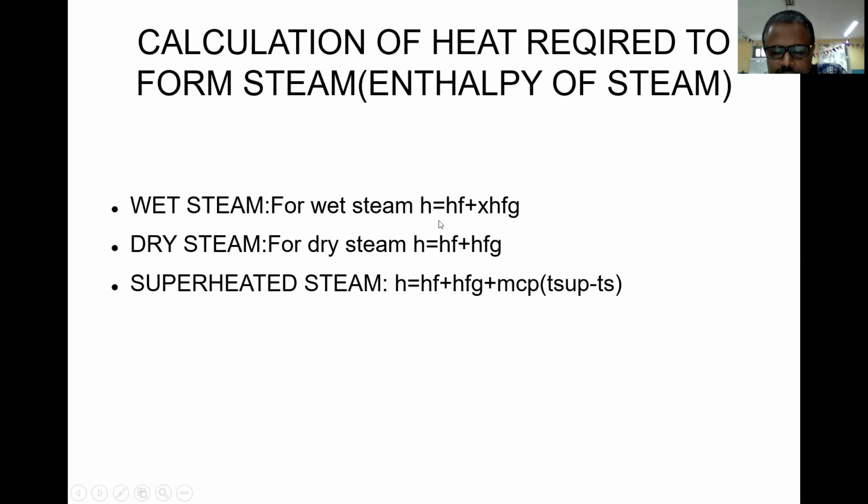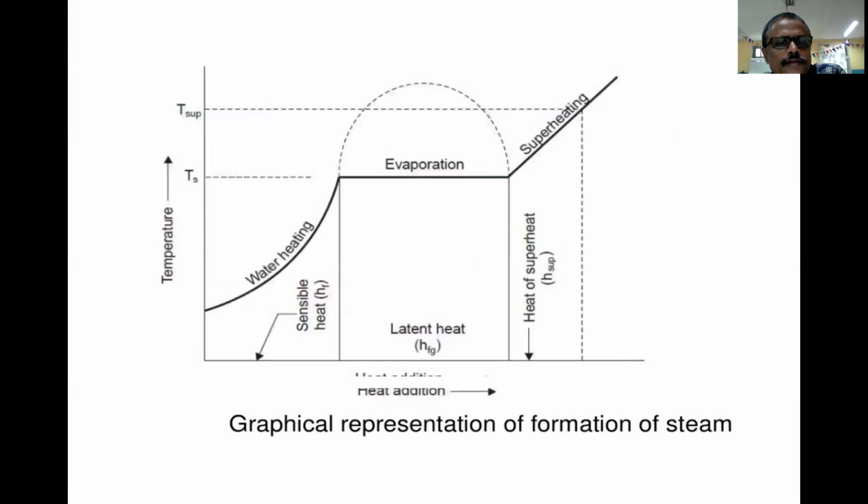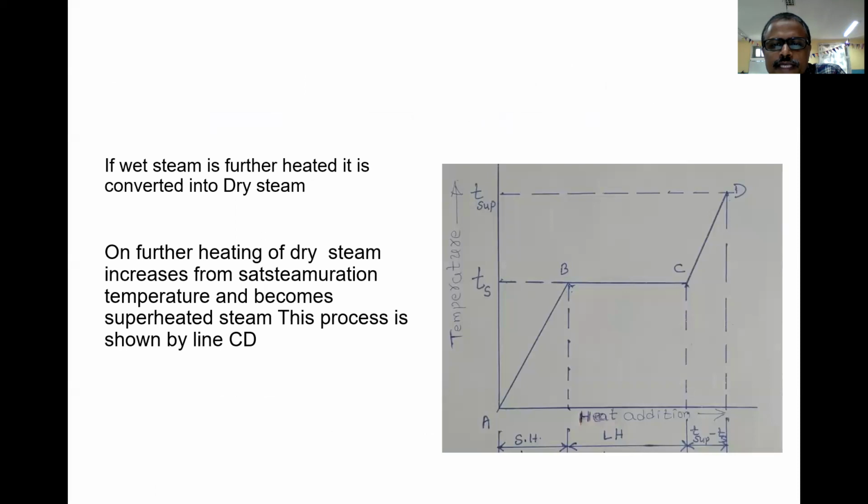If I go back to this diagram, you can see this is the wet steam zone. So the point we are discussing is the heat required to get wet steam. So it is from point A to point C or somewhere between B and C.